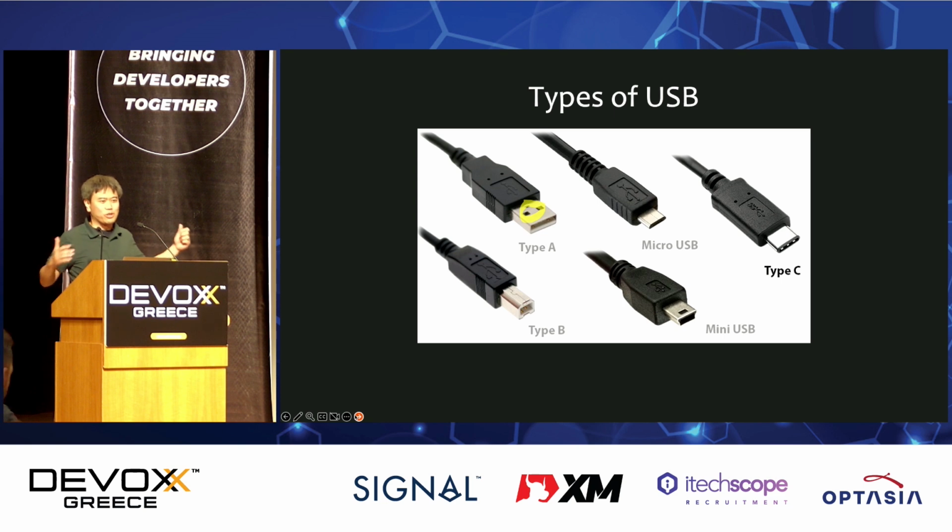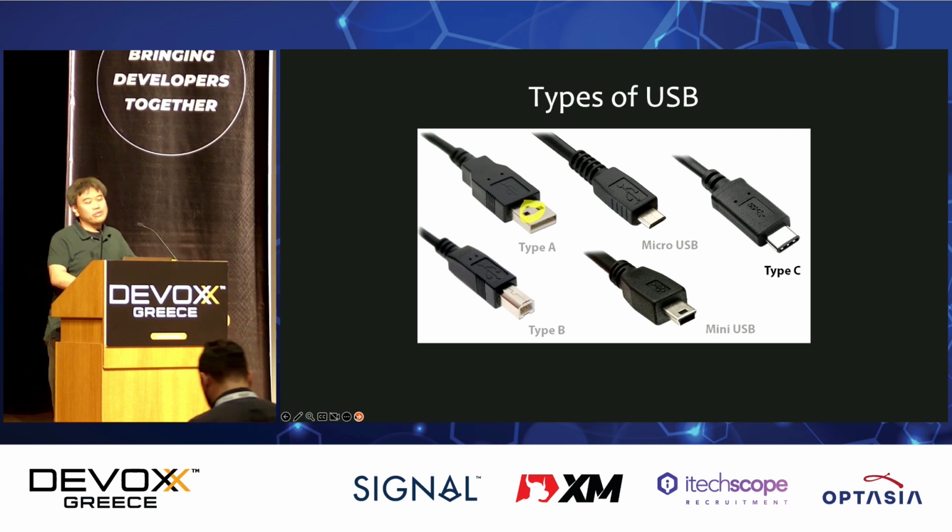I don't know if you've seen this, where you plug it once and you have to twist it and all that. And so this made it really easier for Type-C.